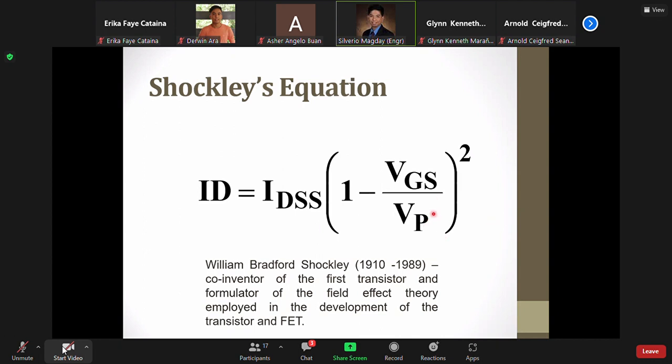Kaya minsan it is simply your VGS off, si VP, si pinch-off voltage, si VGS off. It was introduced by William Bradford Shockley, co-inventor of the first transistor and formulator of field effect theory, which is employed in the development of the transistor and even the FET.